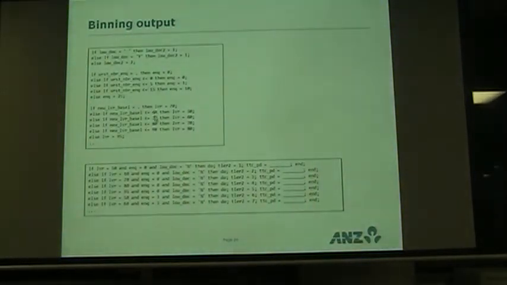Cut points 60, 70, 80, 90, and so on. And having defined these bin values, this is the other result, which is basically just code for assigning a PD to each cell.